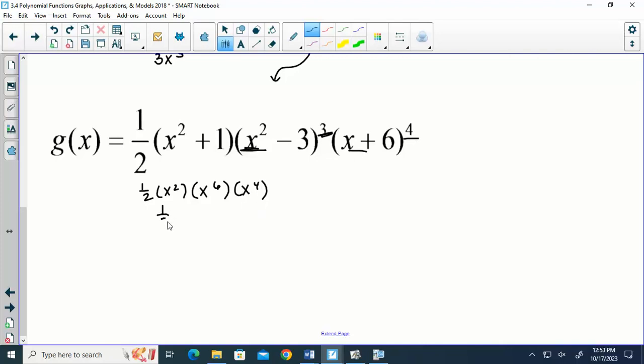So when we put it all together, we get 1/2 x to the 12th. So what's my end behavior? Even power, so it's like parabola, positive coefficient, so both ends going up. Any questions there?